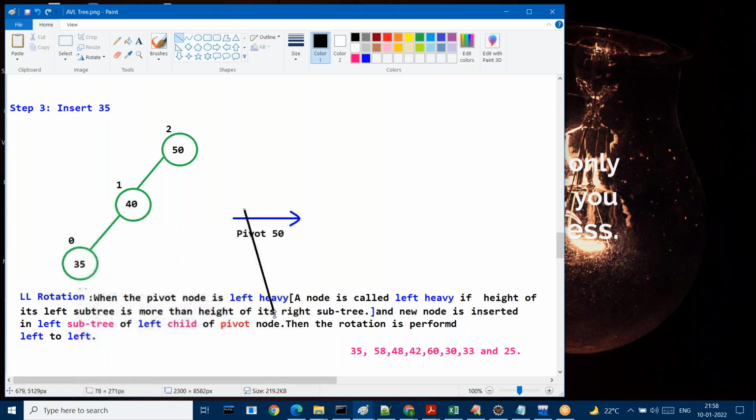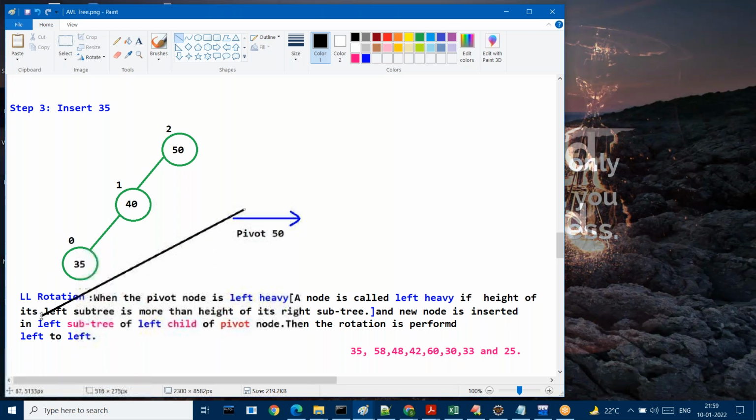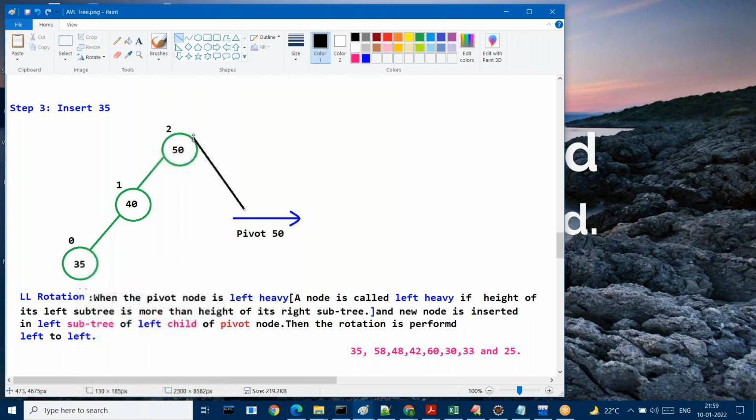So, is the insertion taking place in the pivot node's left child's left subtree? Sir, this is the pivot node, and its left child's left subtree. Is the insertion taking place in that place? Yes. Then the rotation is performed as left to left, LL rotation.